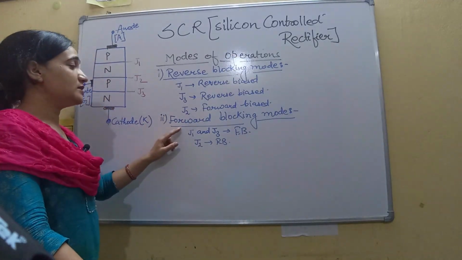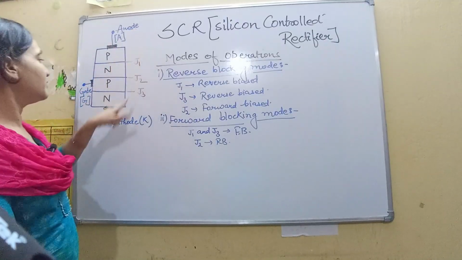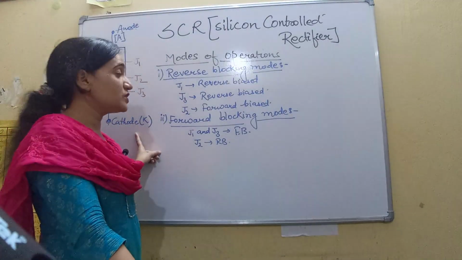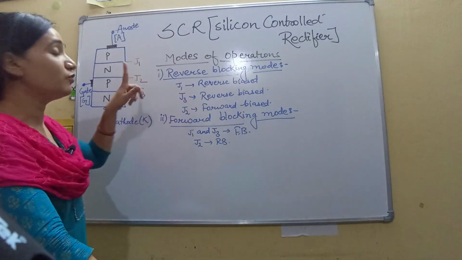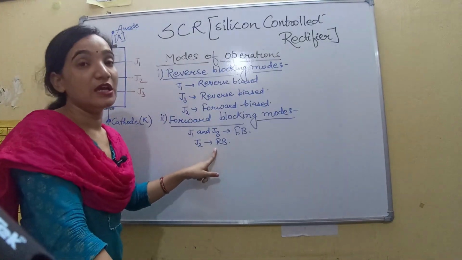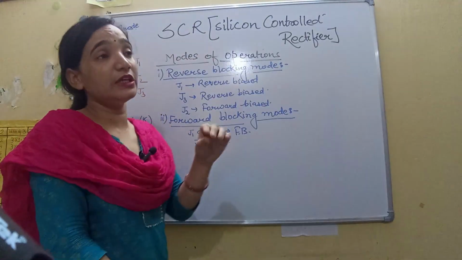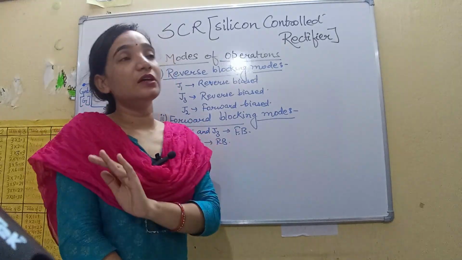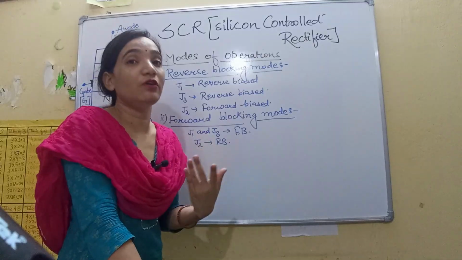Now in the forward bias, when the P type semiconductor is connected to the positive side and the N type semiconductor is connected to the negative side of the voltage source, J1 and J3 will be in forward bias, and J2 will be in reverse bias. In this situation, leakage current flows through the SCR, but the SCR will not conduct, because the voltage is not able to cross the breakover voltage.